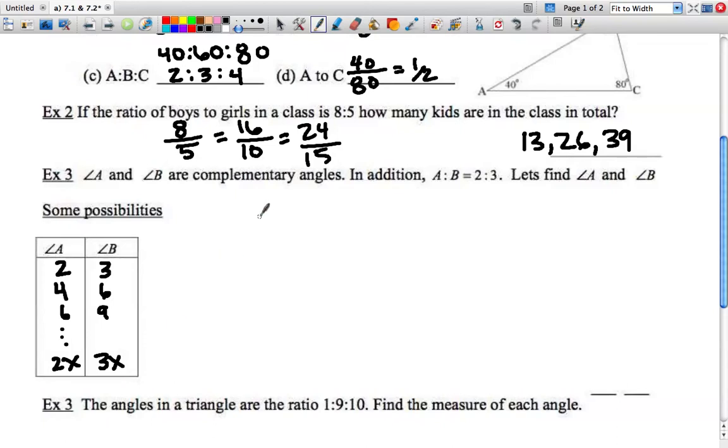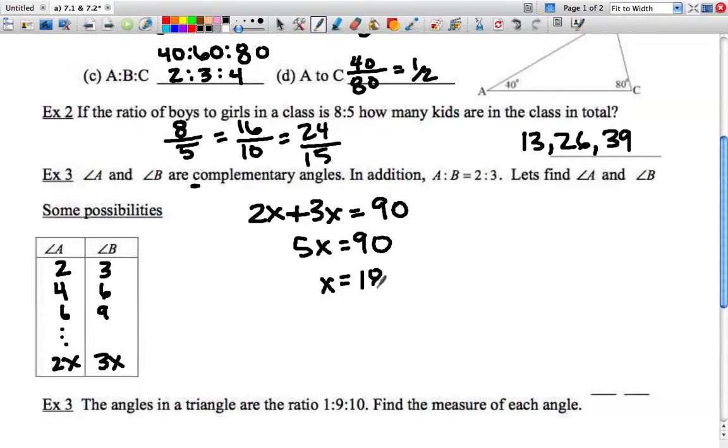So basically what you'd think about is you'd have 2x plus 3x. What does it mean to be complementary? C comes before S, complementary comes before supplementary, 90 comes before 180, complementary is 90 degrees. 5x equals 90, and divide through by 5. x is 18.